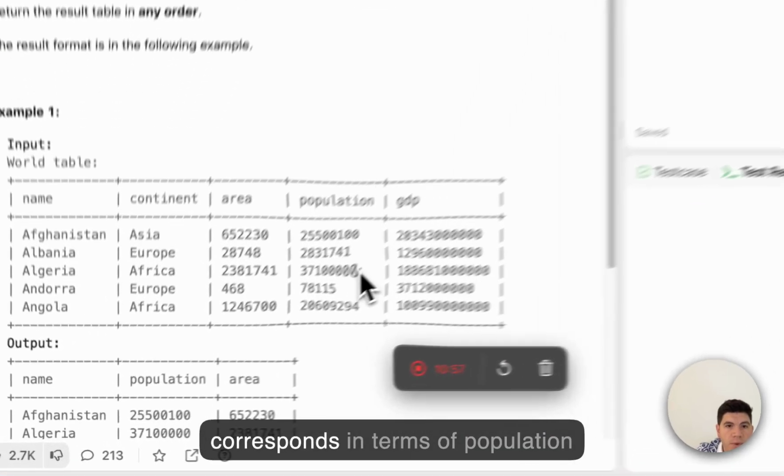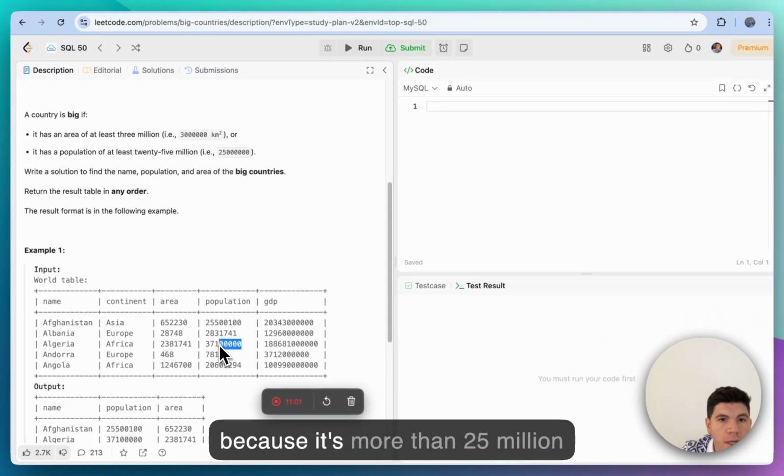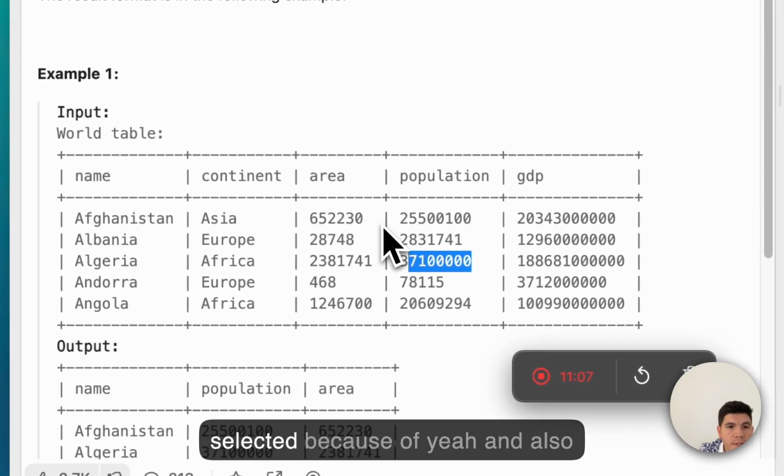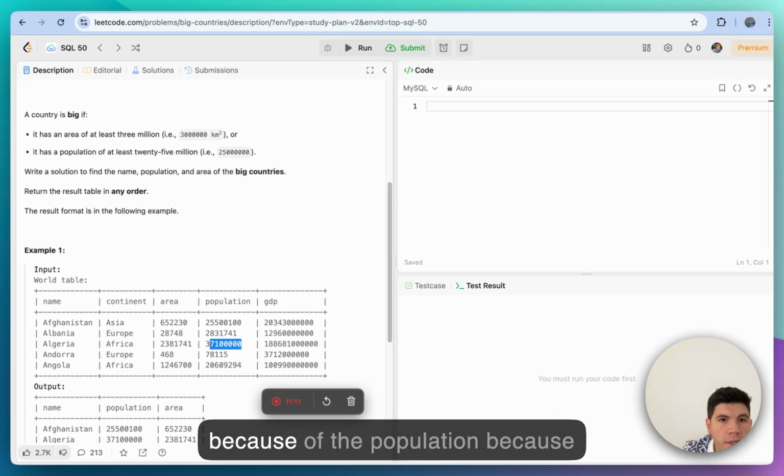This one corresponds in terms of population because it's more than 25 million, and Afghanistan has been selected also because of the population. Because in terms of the area, we see that they are all less than 3 million.